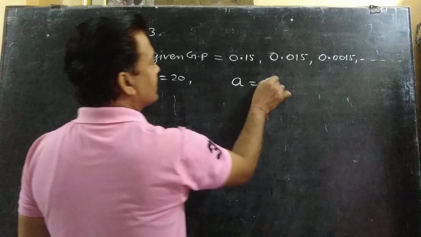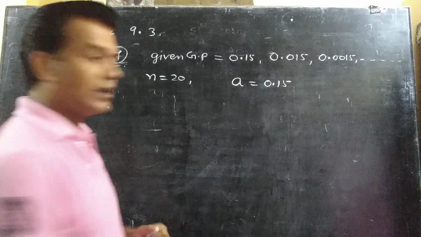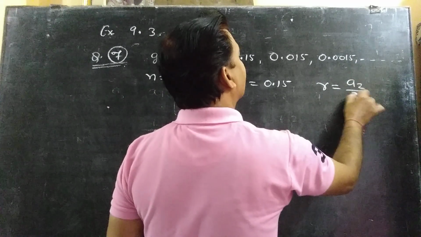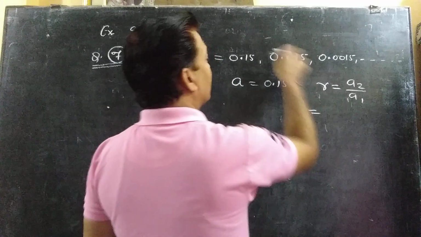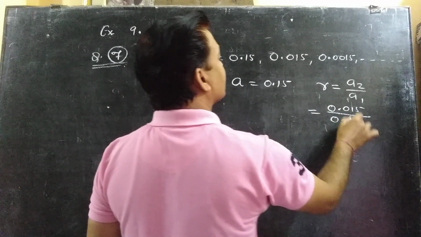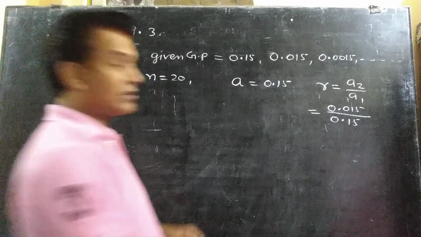The first term is 0.15 here, this is our first term, and common ratio r is given by a2 upon a1. The value of a2 is 0.015 and here is 0.15. So what is the value of this one?